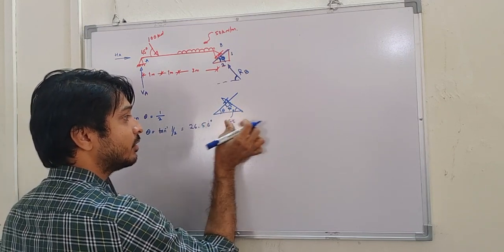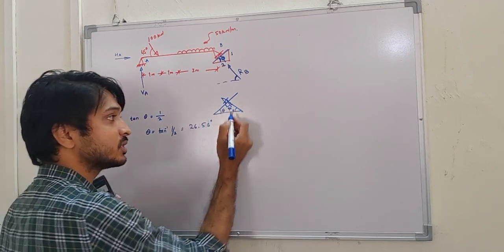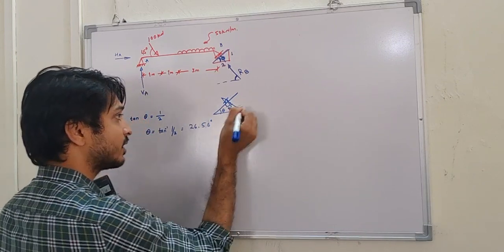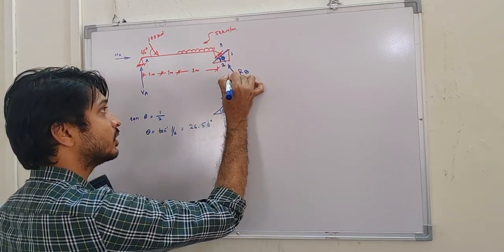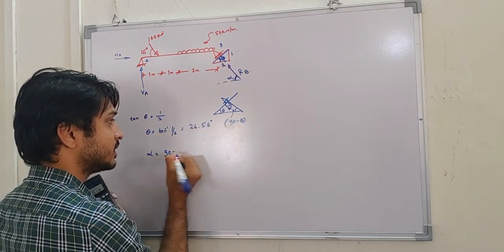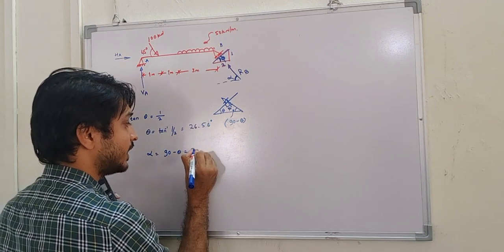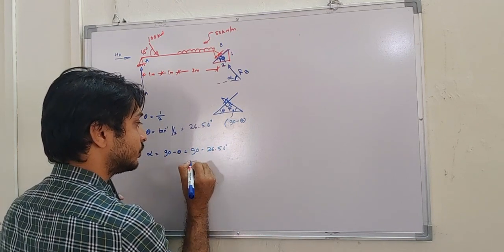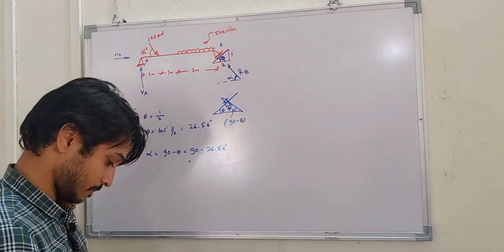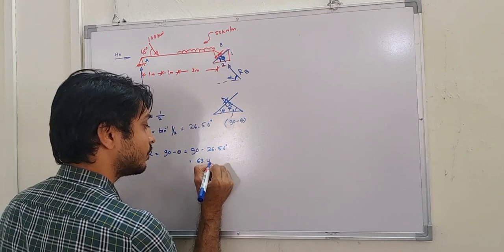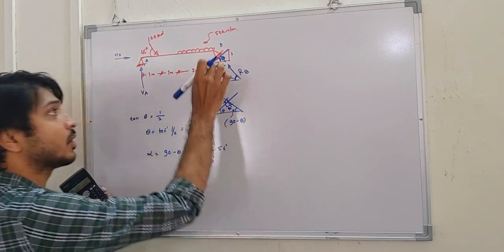Let us call this alpha. Therefore alpha equals 90 minus 26.56, which gives 63.43 degrees.